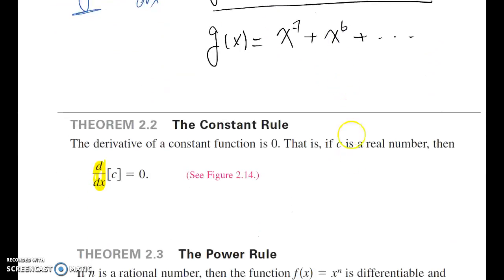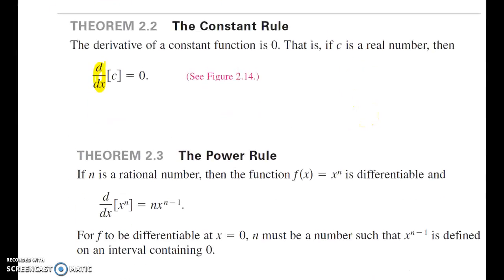So the first thing is the constant rule. The derivative of a constant function is 0. As you see here, let's think about why the derivative of a constant equals 0.